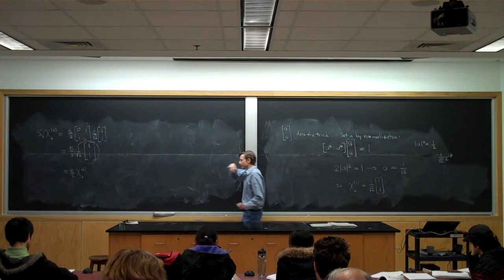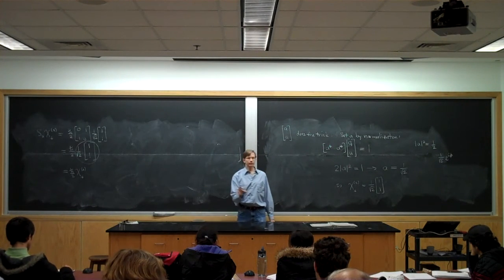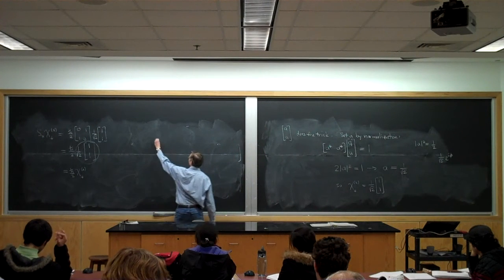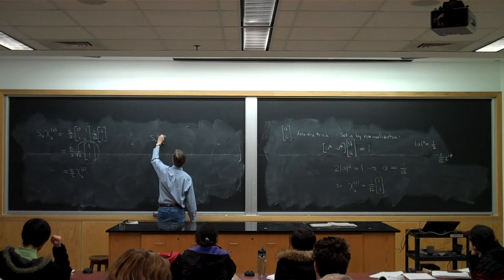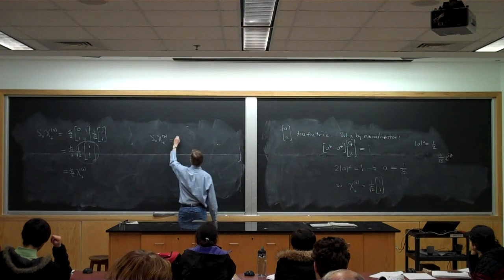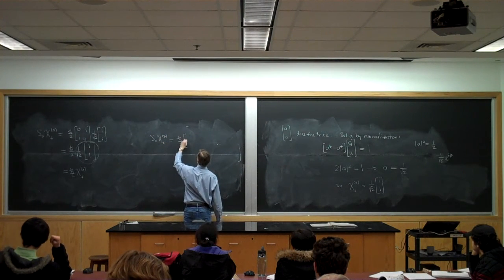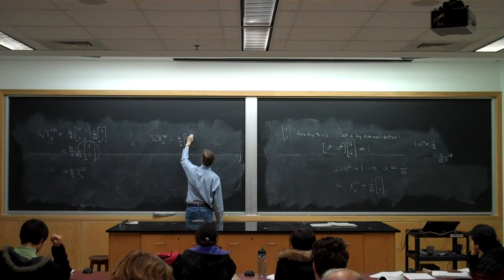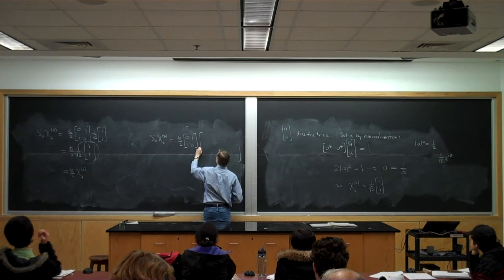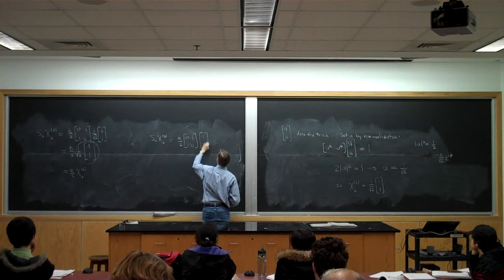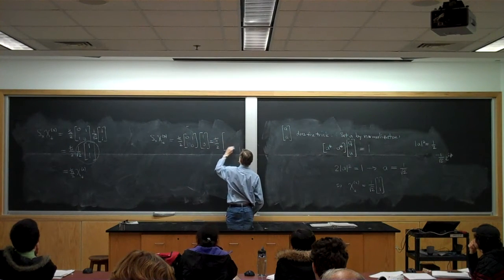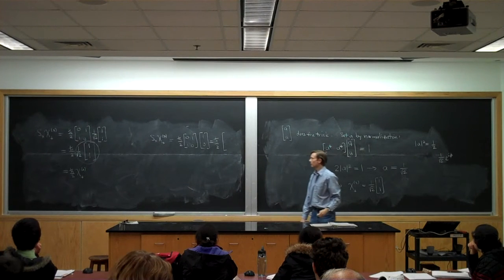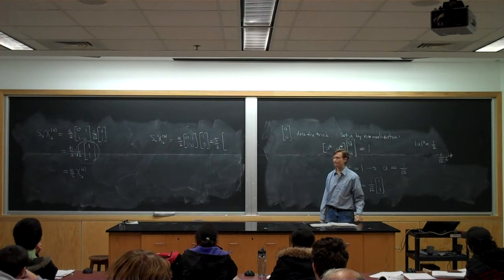Because if I take Sx and apply it to chi plus z, what do I get? I get h bar over 2 times, what do I get when I multiply 0, 1, 1, 0 by 1, 0?